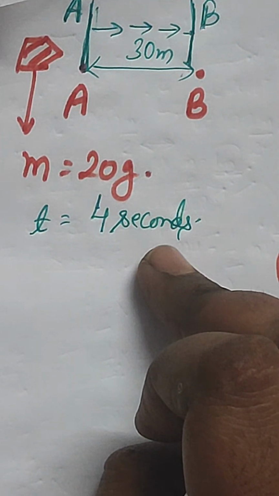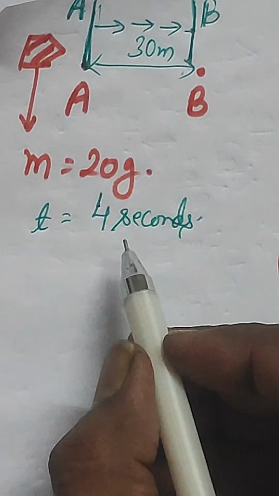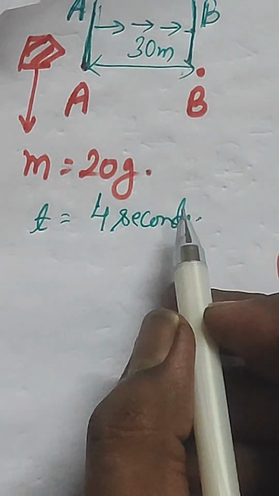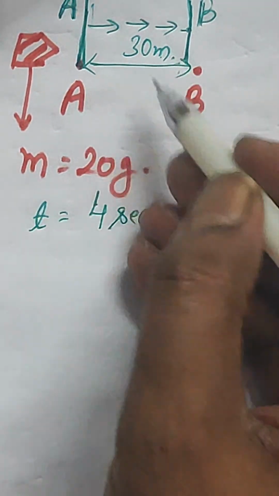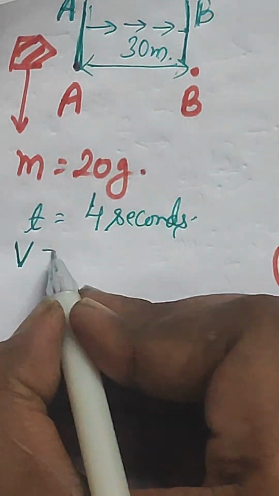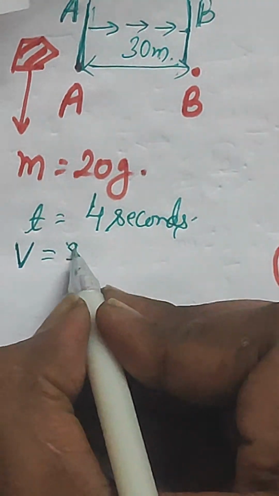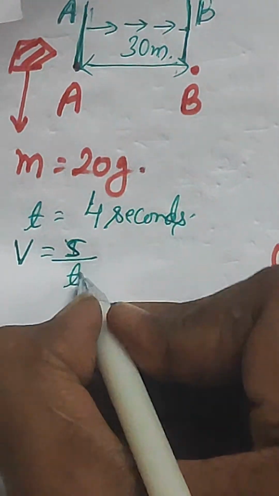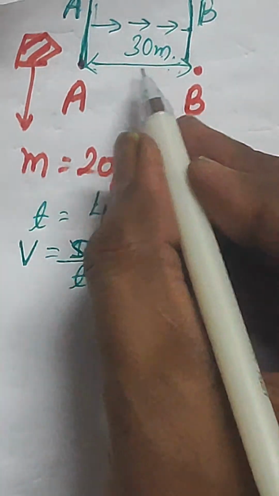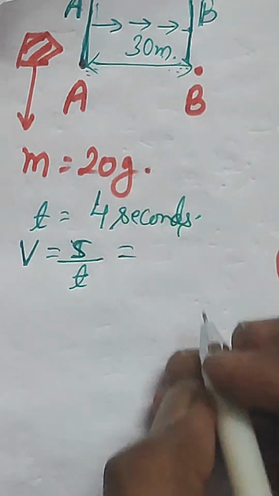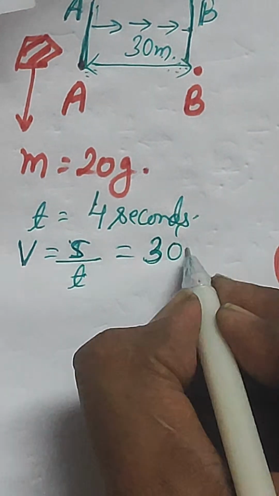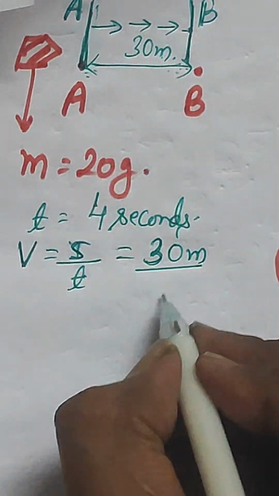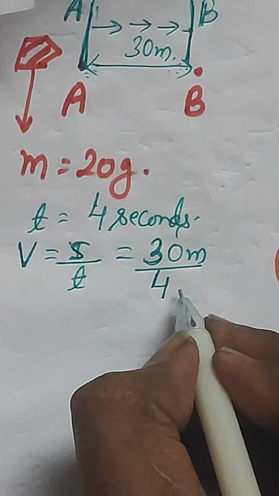So what we will do, we first calculate the velocity. Velocity can be simply calculated because you can see 30 meter. Velocity is nothing but displacement by time, right? What is the displacement? The shortest distance between A and B, that is 30 meter, divided by the time, which is 4 seconds.